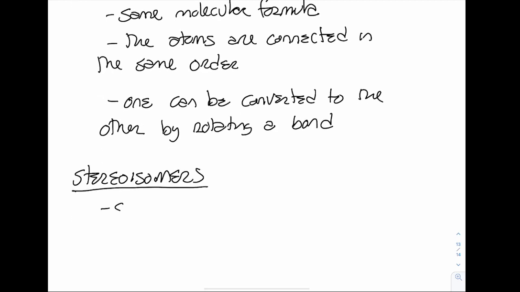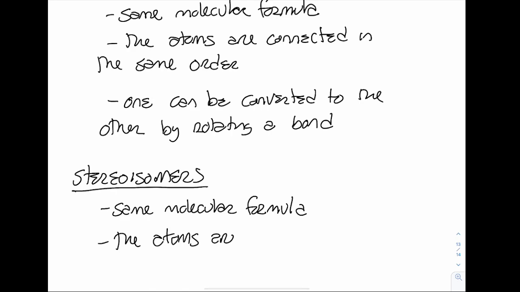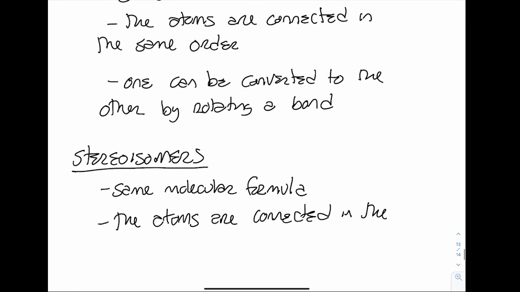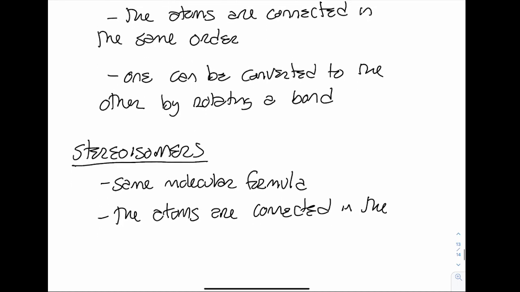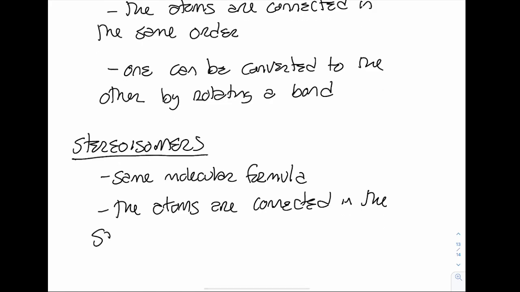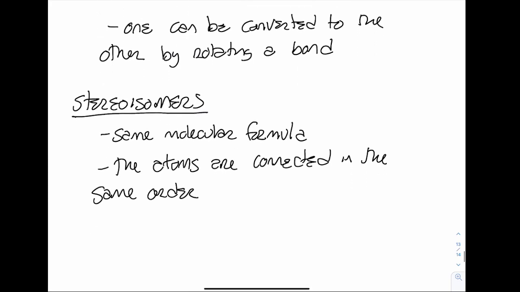Stereoisomers have the same molecular formula. The atoms, again, are connected in the same order. So the same atoms are connected to the same atoms. The difference between these is the three-dimensional orientation in space.